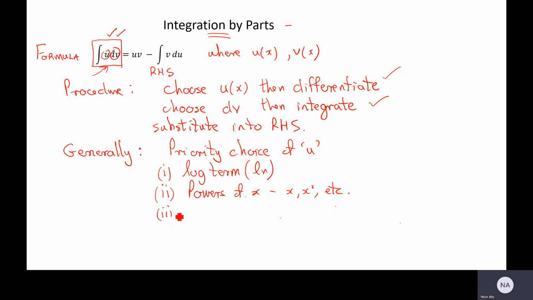And if there's no ln terms and there's no powers of X, then you can go for your exponential terms. E to the X, and so on. Now, the best way to go through this is looking at different examples, and we're going to apply this procedure to the examples.